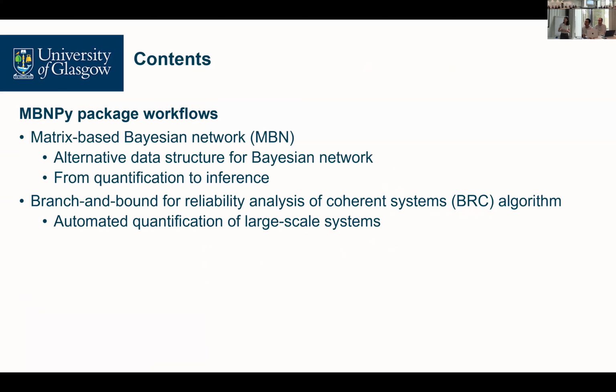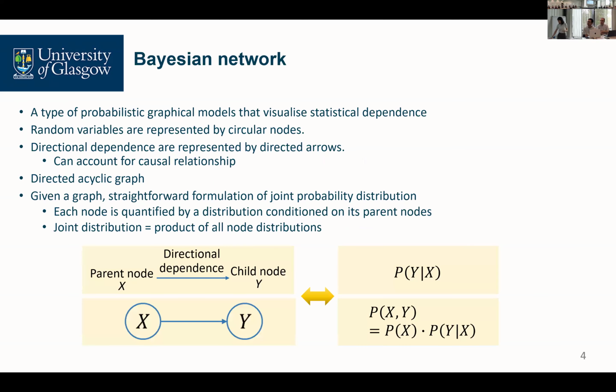So first, I'll explain how this matrix-based Bayesian network can help handling large-scale systems as an alternative data structure to Bayesian network. And second is how we can use this very recent algorithm called branch and bound reliability analysis of coherent systems, BRC algorithm, that we can automatically handle all these large-scale systems.